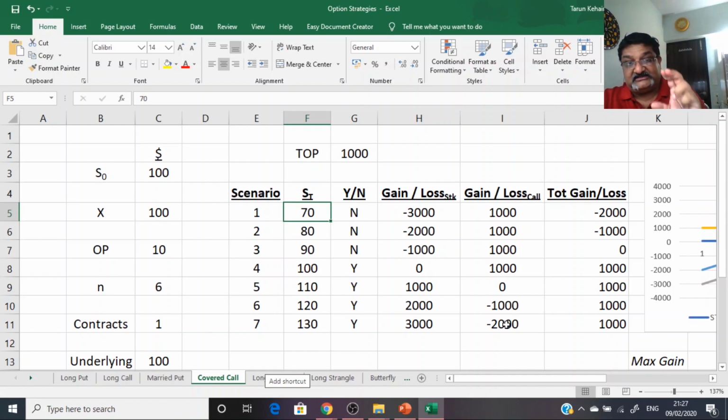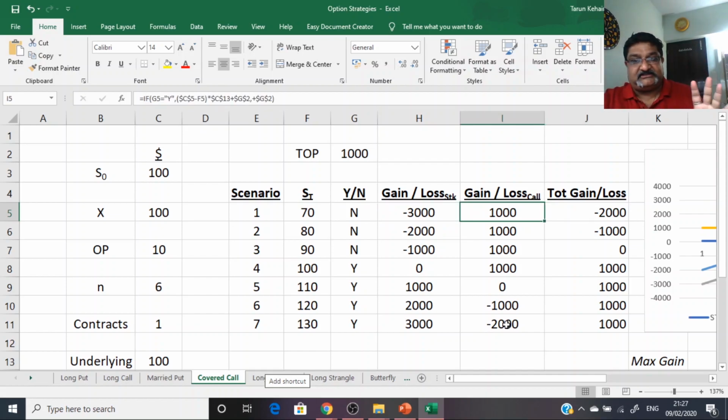The answer is no, because why should he buy the security at the $100 exercise price when he can easily obtain it from the market at 70? Therefore, he does not exercise the option. But irrespective of whether he exercises the option or not, you still get the $1,000. So you gain $1,000 as option premium on this particular contract.